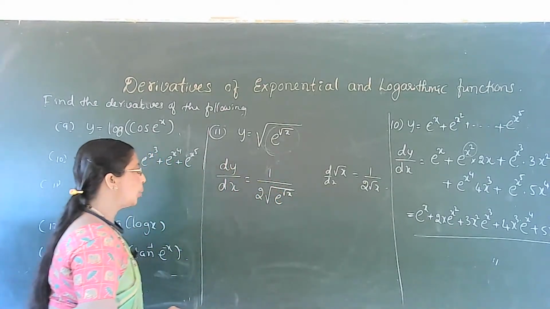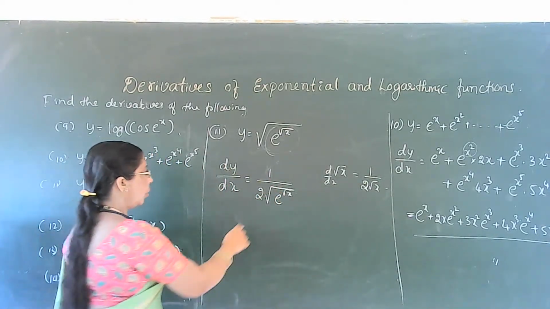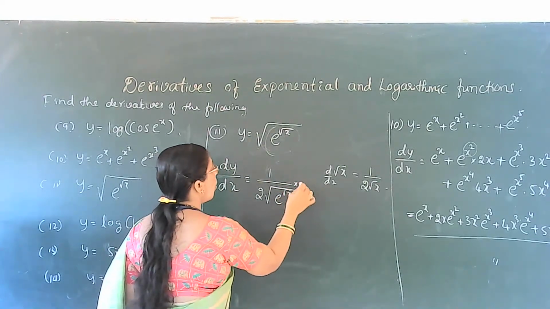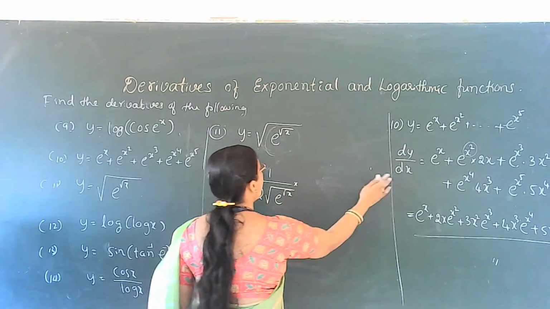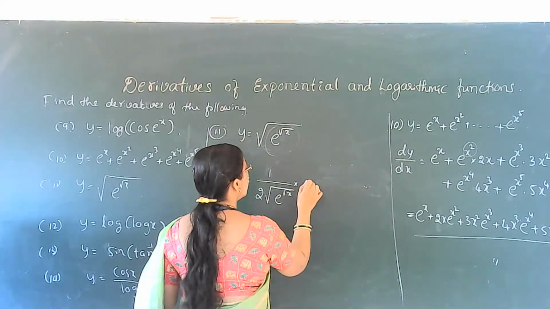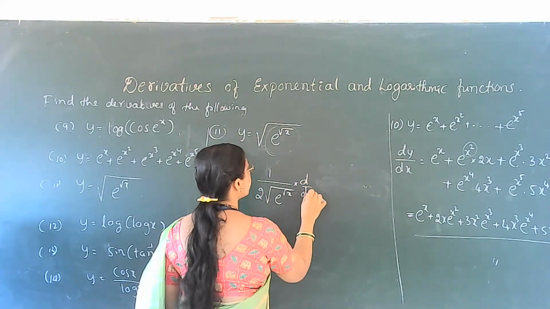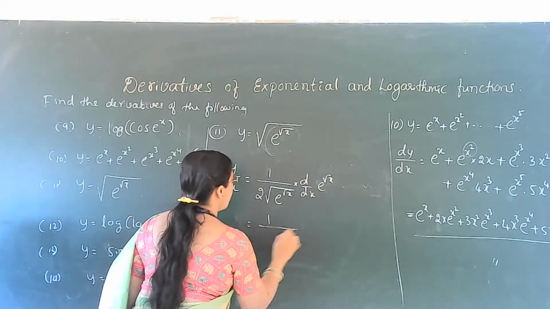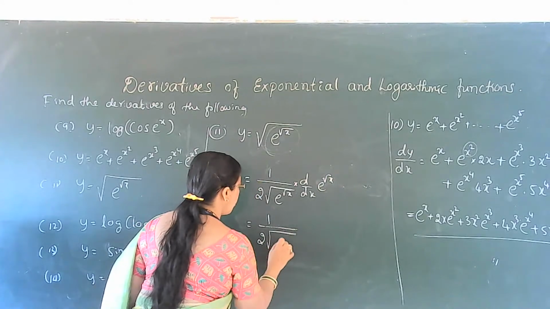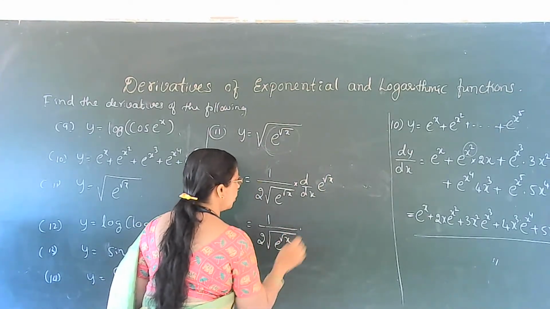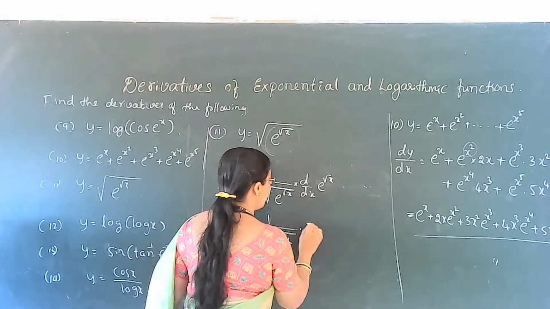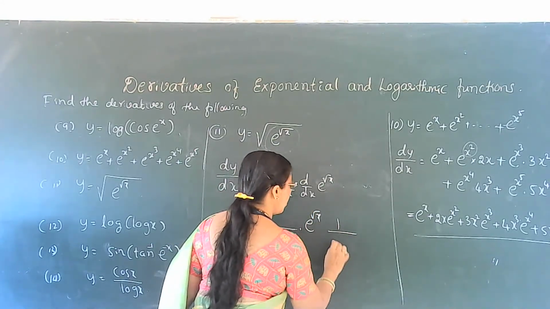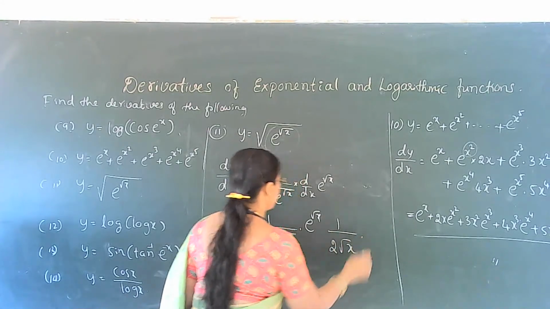Then find the derivative of e to the power root x. Therefore, dy by dx is equal to 1 by 2 root of e to the power root x into derivative of e to the power root x, which is e to the power root x into derivative of root x, which is 1 by 2 root x.